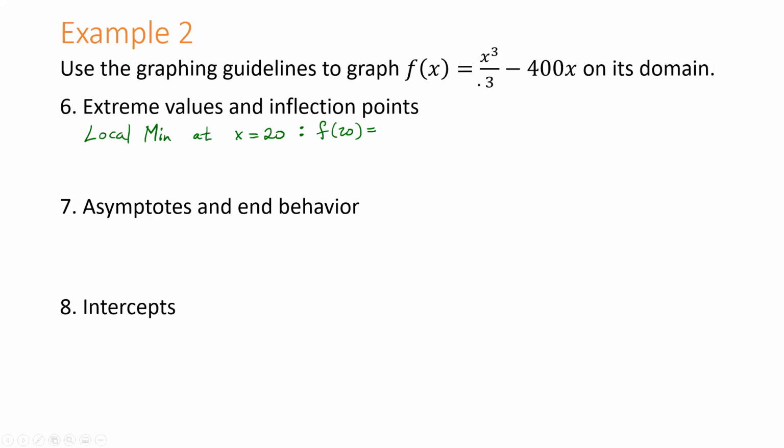So we'll have 20 cubed over 3 minus 400 times 20. If I plug it in here, this gives me negative 5,333.3, so 1/3.